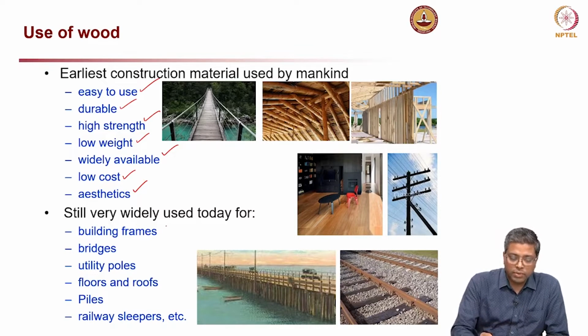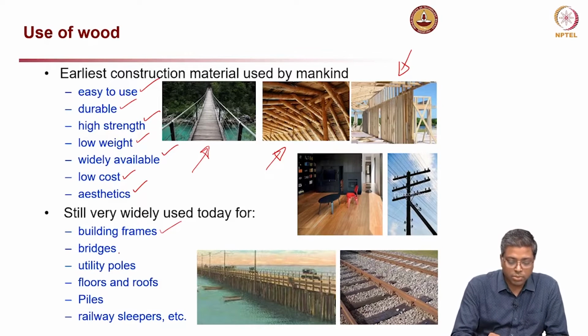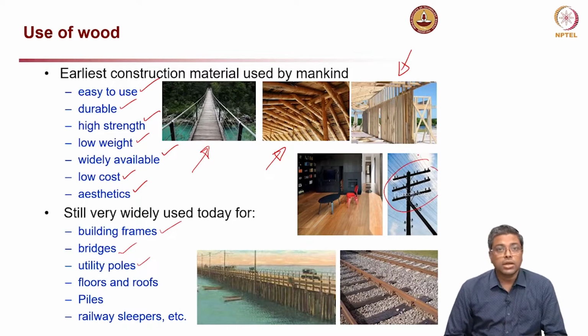Now, still very widely used for building frames. You can see the picture on the top right corner here, building frame here, and then bridges also, then utility poles, like electrical lines etc. Nowadays, we are seeing more and more of these wood or timber products being replaced.